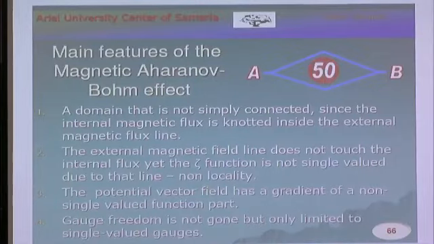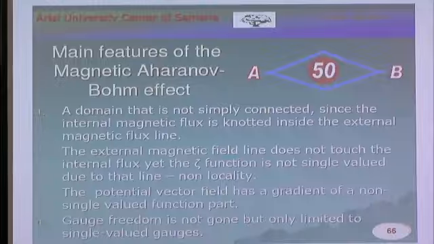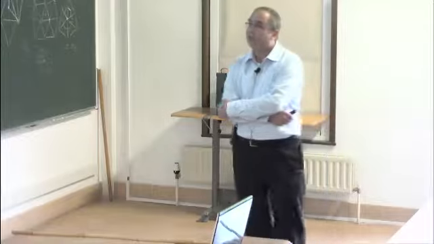Then you have a kind of non-locality, because the external magnetic field line does not touch the internal flux, yet the zeta function is not single valued due to that line. So this is a kind of non-locality.